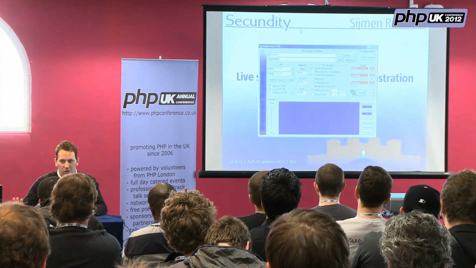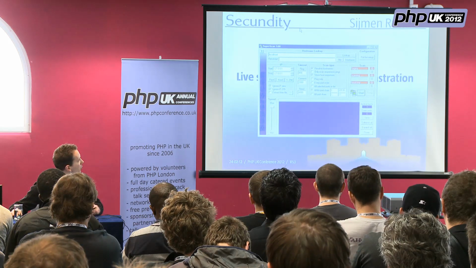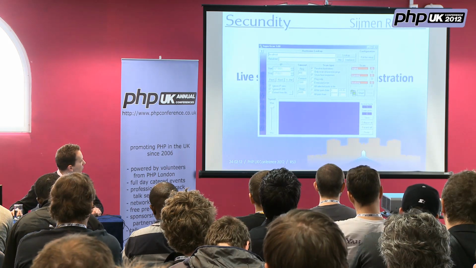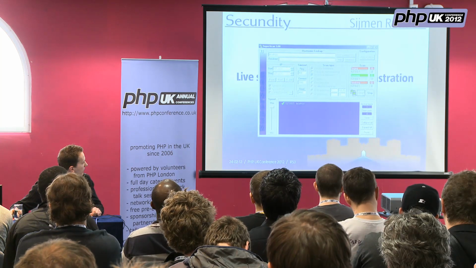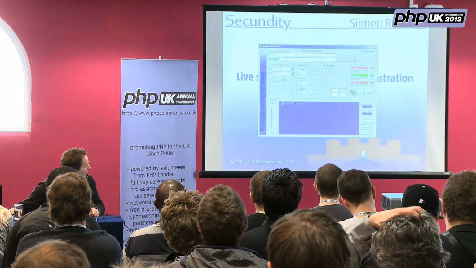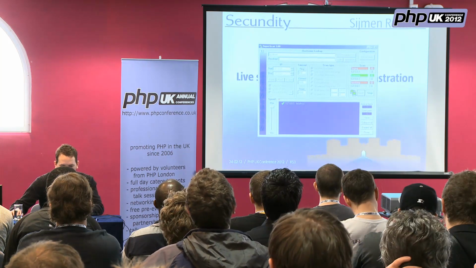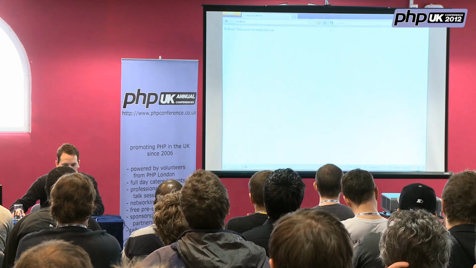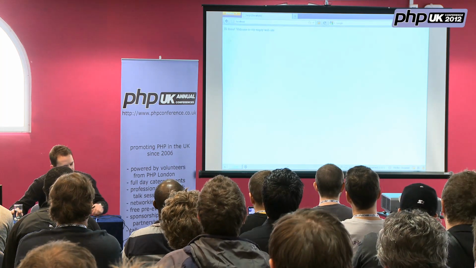Nmap is very good, but it does not work very well on your own system. But Superscan does. So we're going to scan all TCP ports, and we'll let it scan. But I also know that port 80 is open. So this is the site we're going to attack.